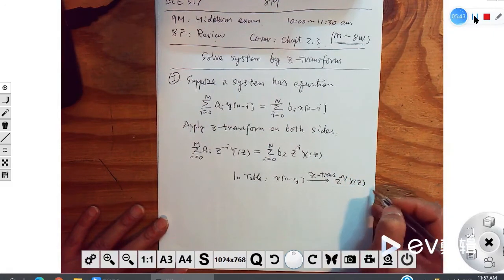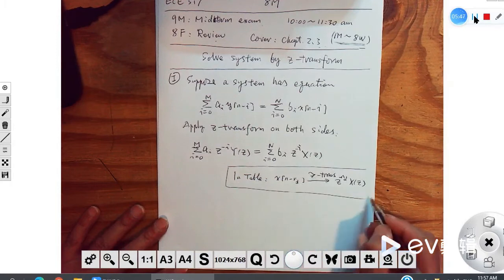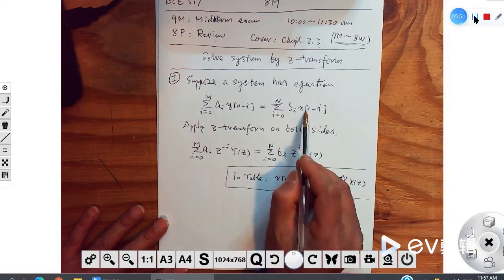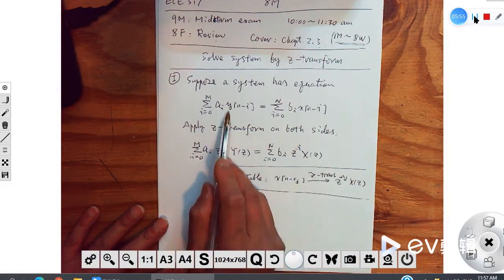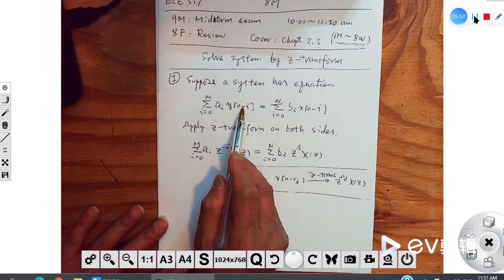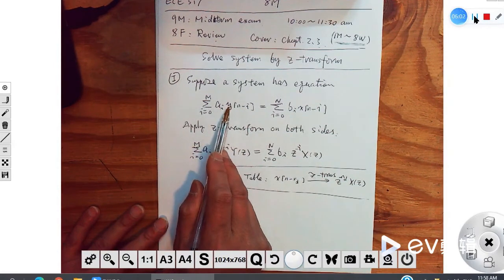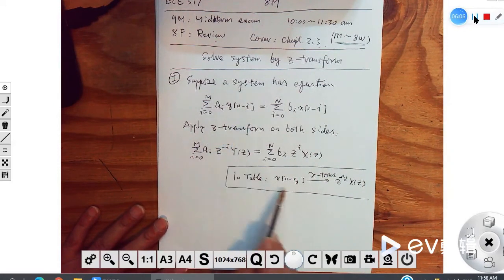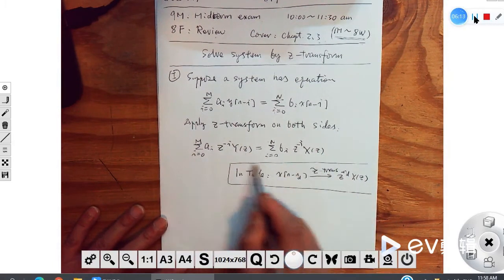Just apply this, and we get x of n minus i, where i is n_d. And here y of n minus i is the same, but the signal is y, a different signal, and n minus i is now n minus n_d.